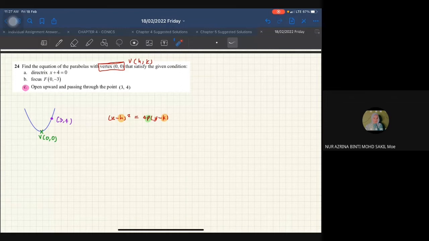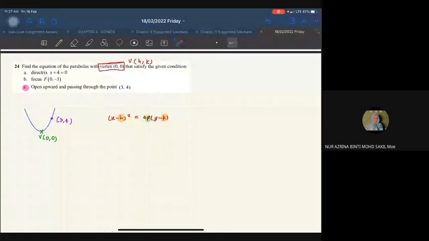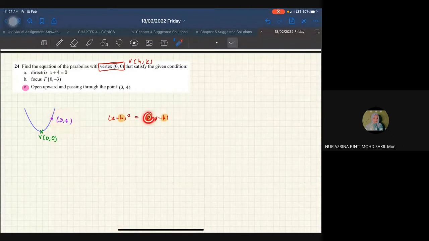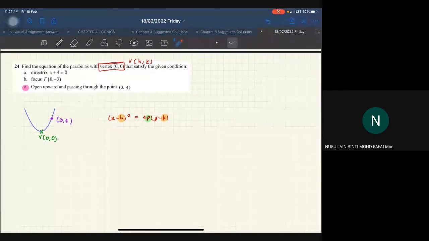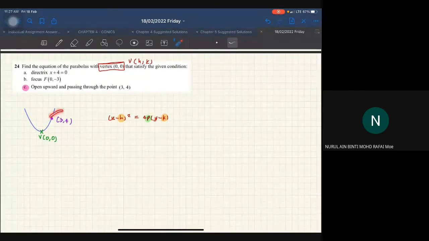Cuba fikir. Okay, so awak ada H, awak ada K, awak ada satu point. Tapi awak tak ada P sahaja lagi. Substitute semua dalam equation tu, Miss. Yes, exactly. Okay, so awak substitute this point yang soalan bagi ke dalam this one.